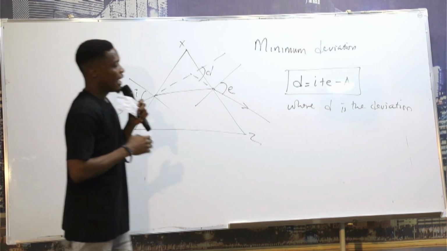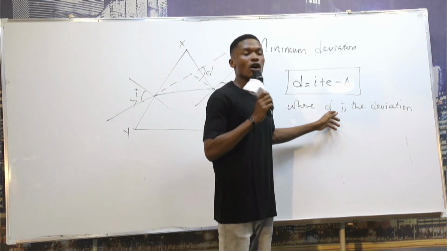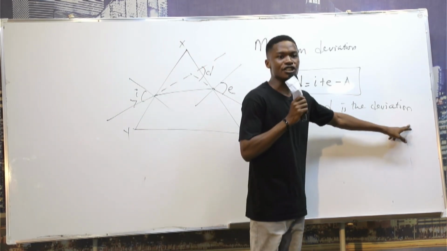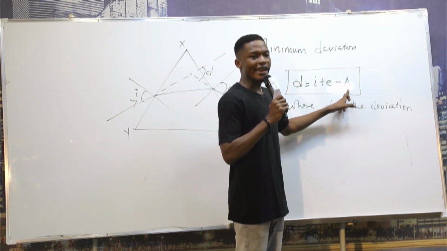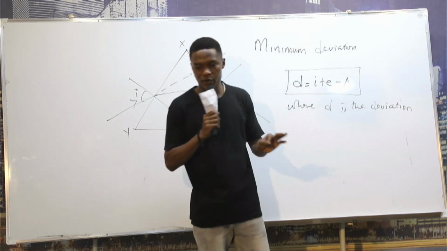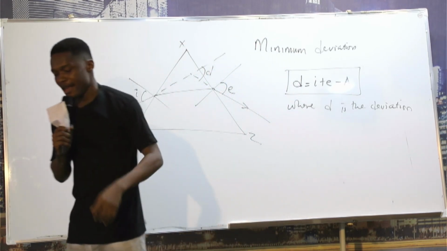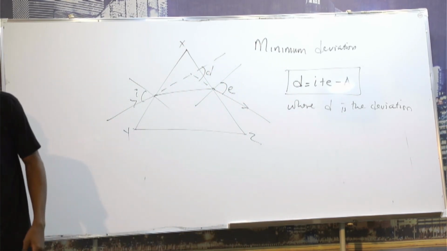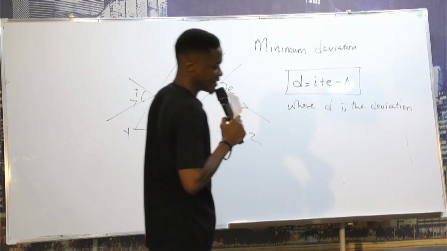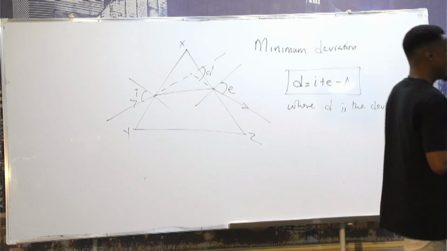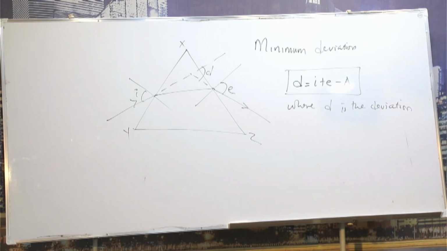Have you written that? Where D is the deviation and A is the refracting angle of the prism.